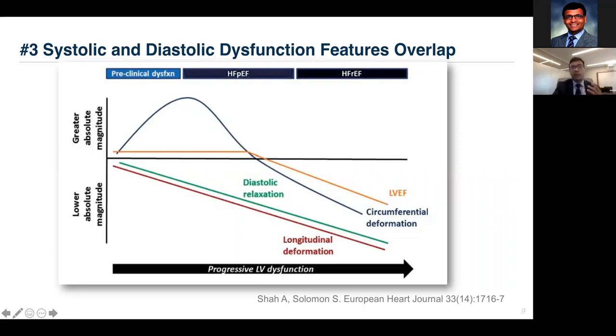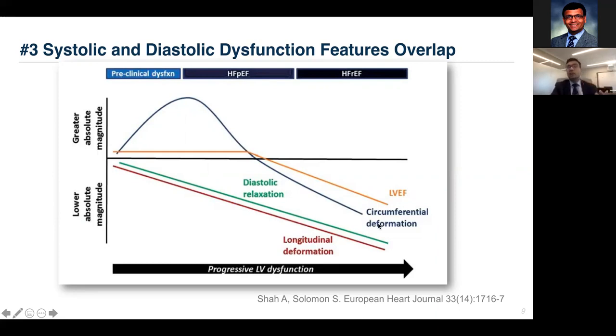It's the most susceptible feature of LV mechanics. And there is compensatory normalization, or in fact, the circumferential mechanics may be completely preserved in the initial phases. And once they both start deteriorating, both longitudinal and circumferential mechanics, the LV starts dilating and going into the phase of heart failure with reduced ejection fraction.